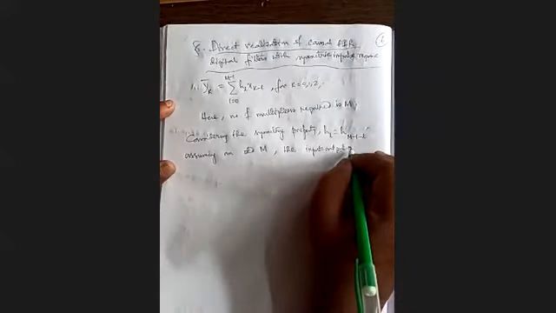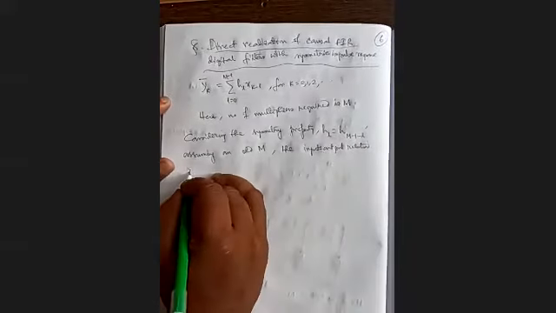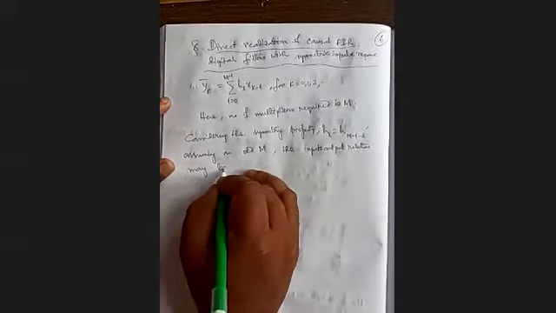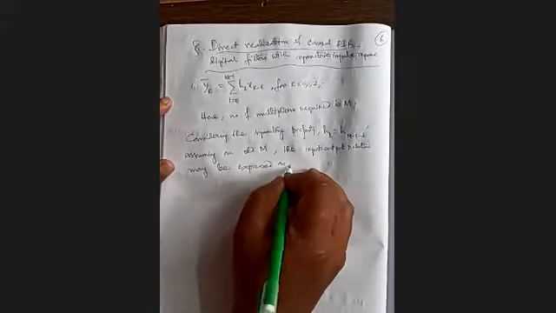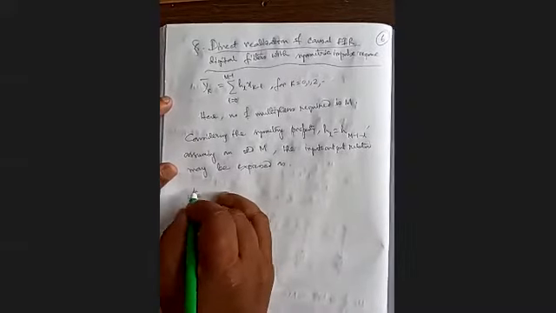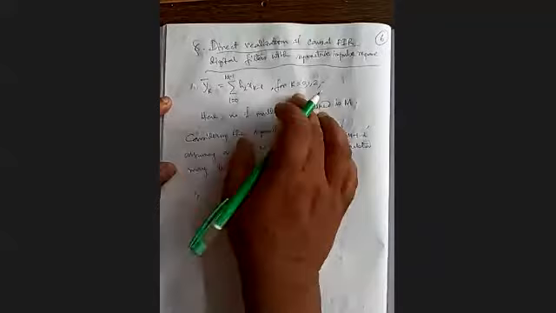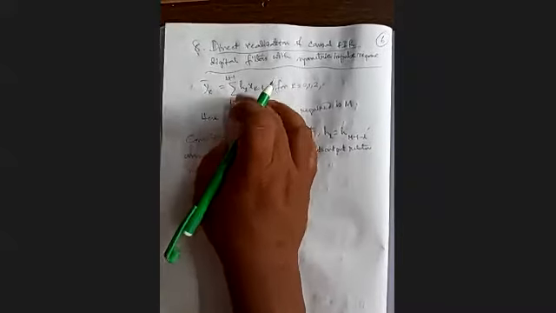The input-output relation may be expressed as y_k bar equal to, now this sum runs from 0 to M minus 1.